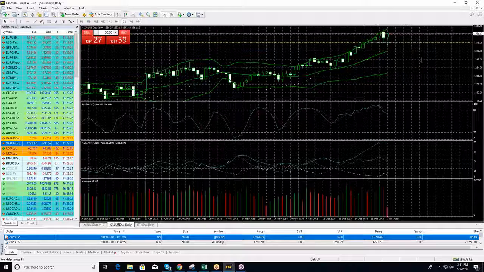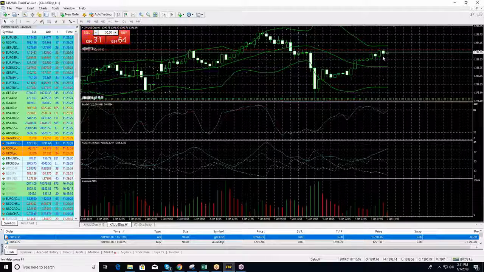So it gained already $7 today. And we had this pullback and now it's pushing up again. So we went long. That's our second trade today. Our first trade on gold, second trade on DAX.